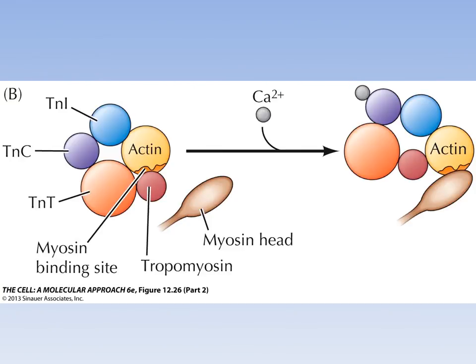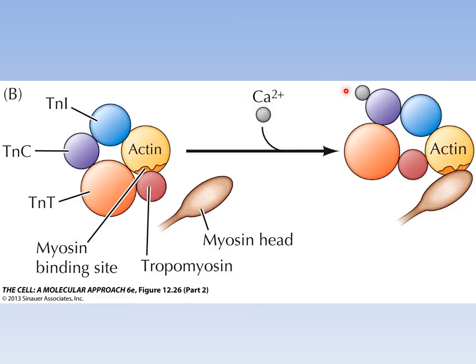All right, and this is just showing in a little bit more detail the interaction of calcium with the troponin. Here we have our troponin complex. Here's tropomyosin bound to actin, and in an inactive cell, a cell that's not being stimulated for muscle contraction, tropomyosin is blocking the myosin binding site of actin.